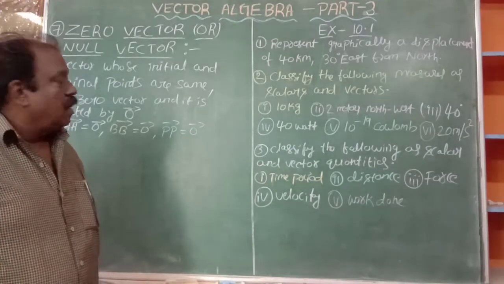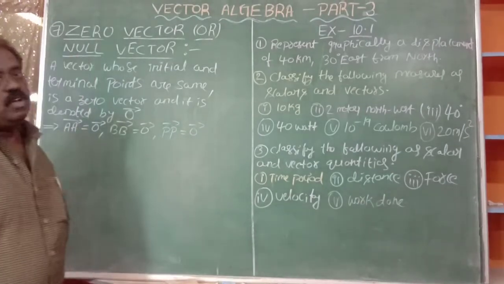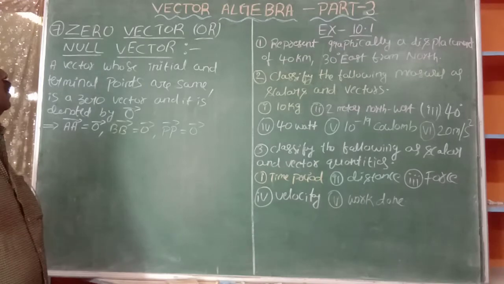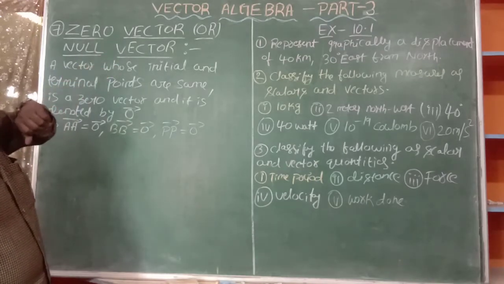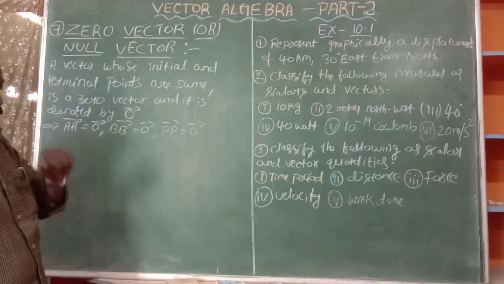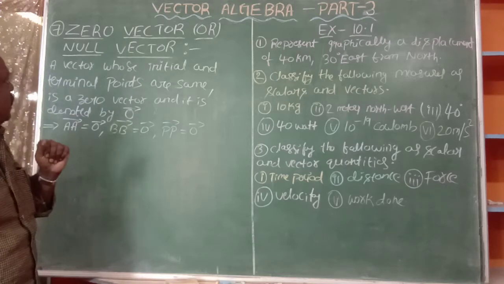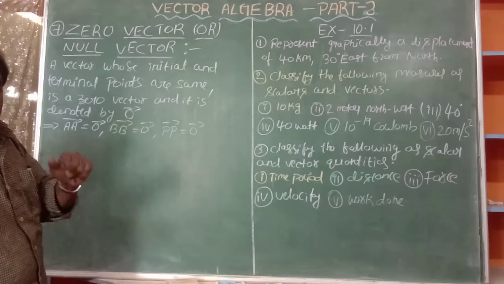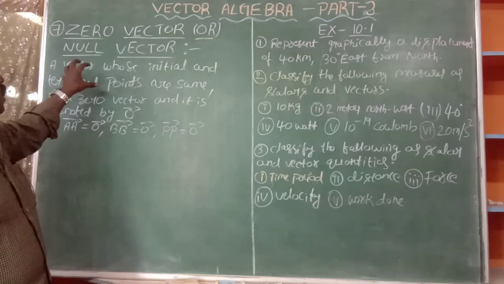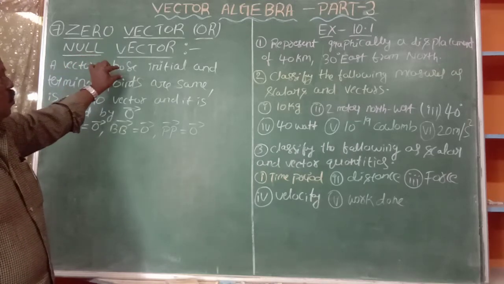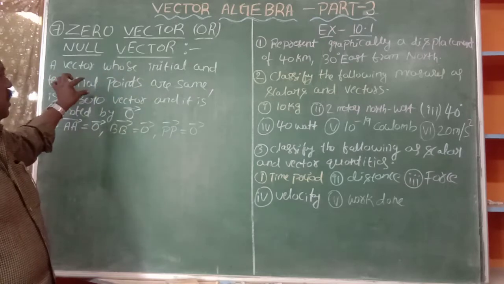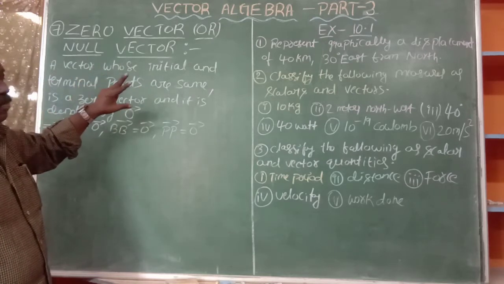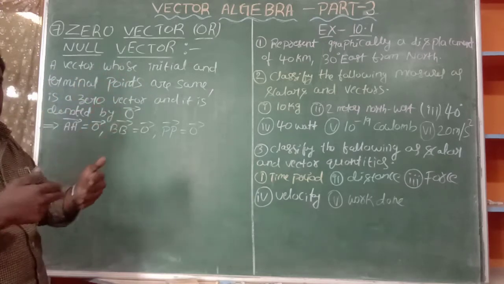Now we are going to explain the 7th type of vector, that is the zero vector. The zero vector is not zero. The zero vector means one whose initial point and terminal point are both the same. Both are coincident.